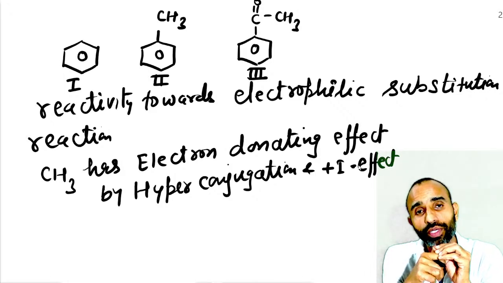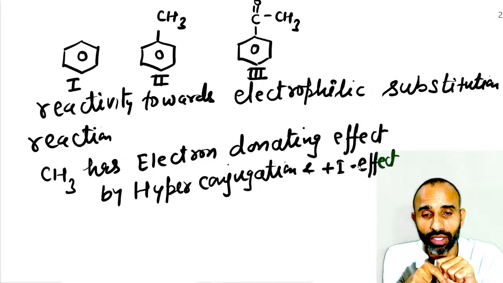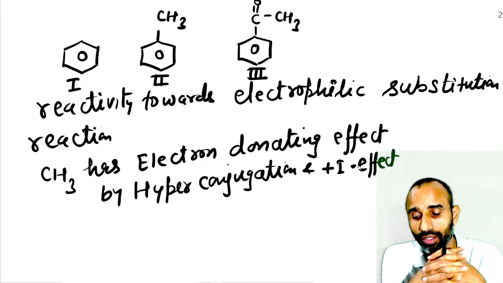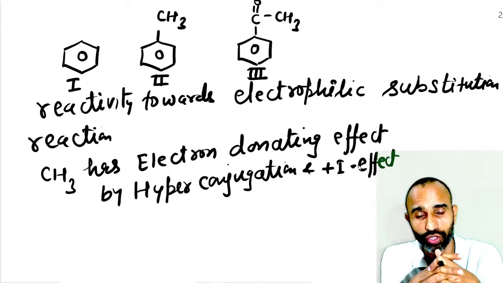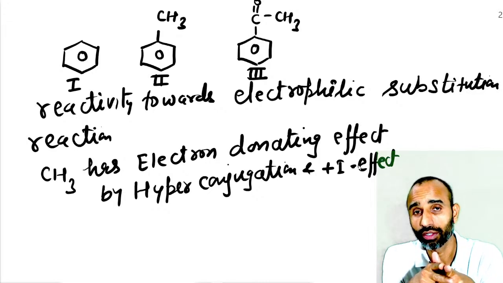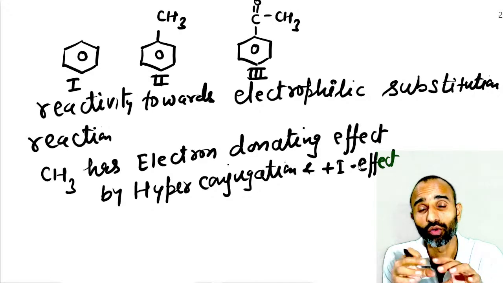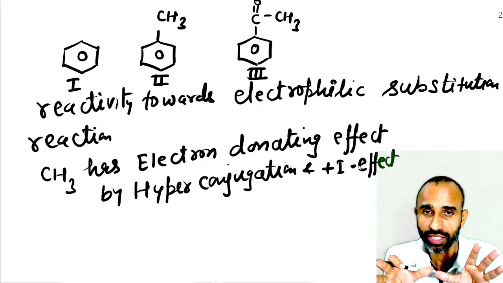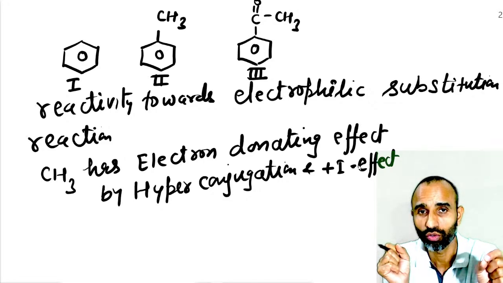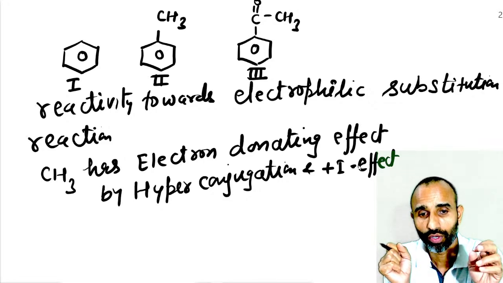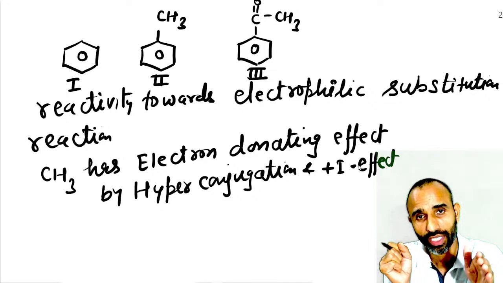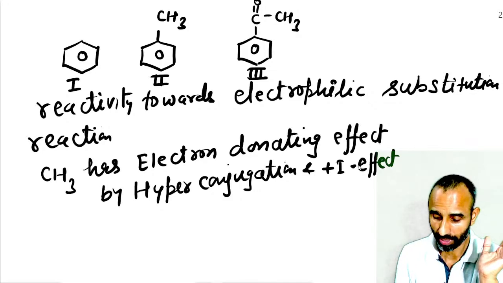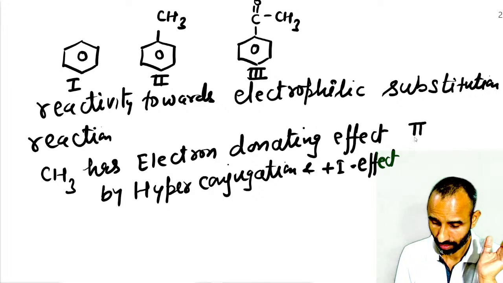Hyperconjugation increases it particularly at the ortho and para positions, but overall the electron density on the ring increases as compared to benzene itself, and therefore toluene, this methyl benzene, is more reactive than benzene. So the second compound is more reactive than the first compound.